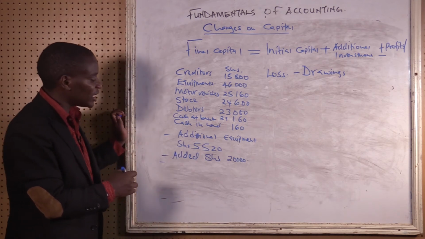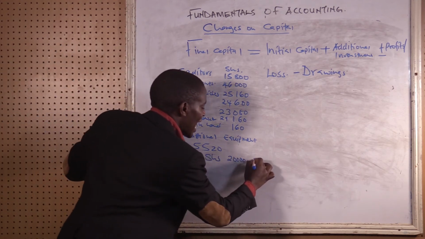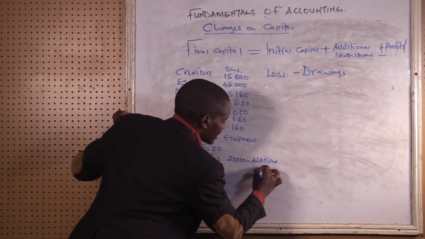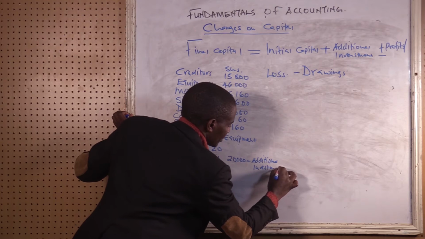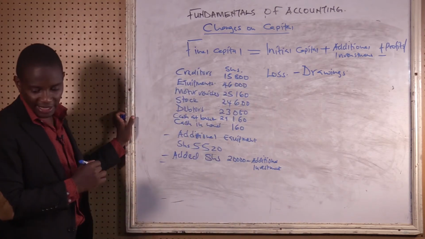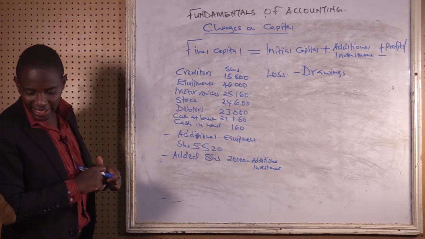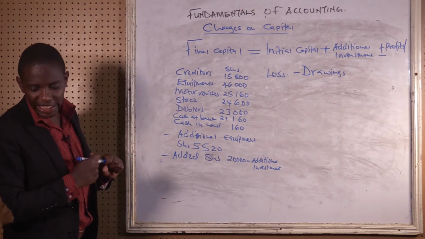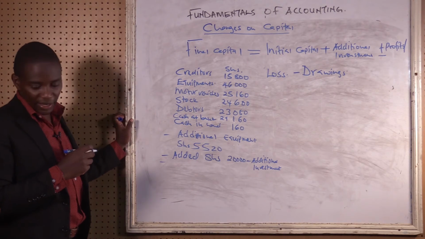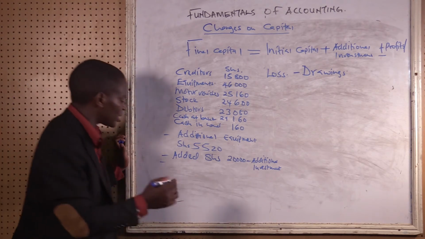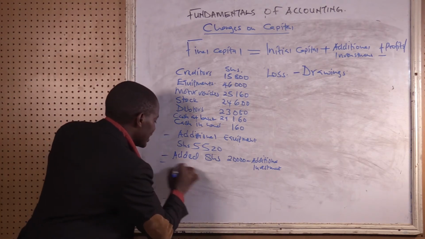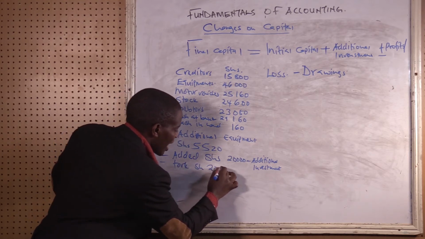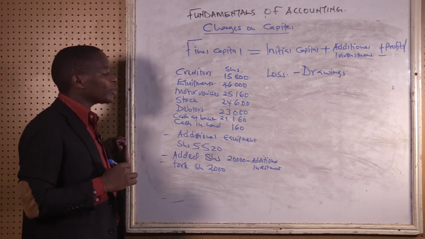This is what we shall call additional investment. The other thing is that the owner of the business took shillings 2,000 for his own use.